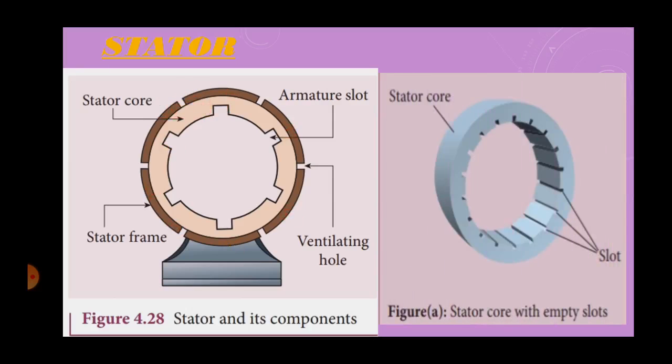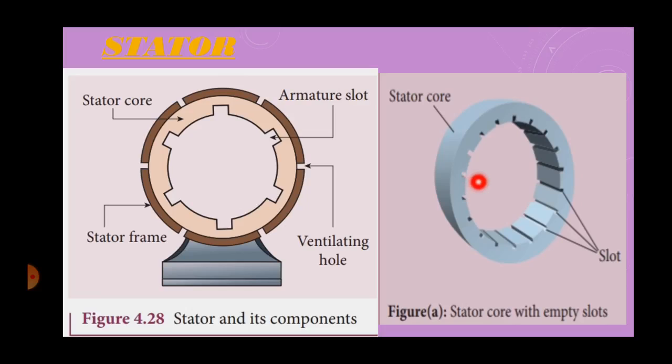Then the stator core is made up of iron or steel. It is a hollow cylindrical shape and is a laminated core. Why use a laminated core? To minimize eddy current.